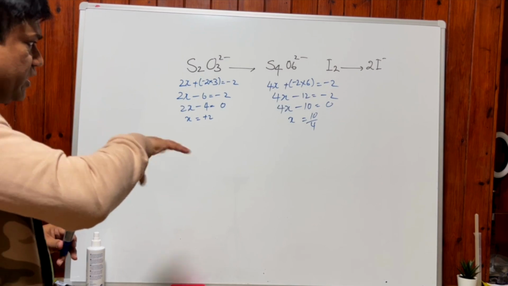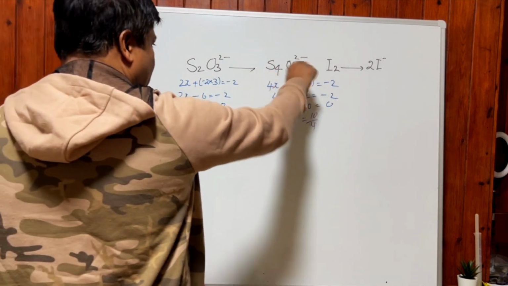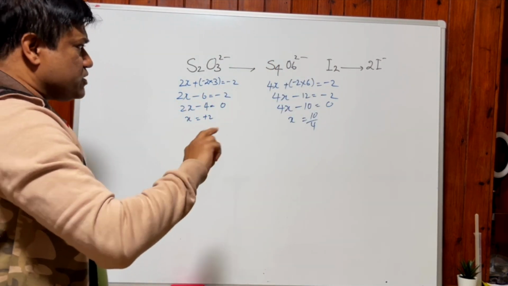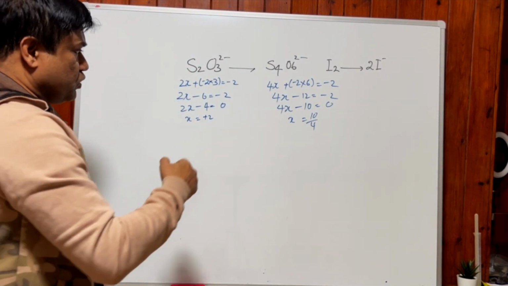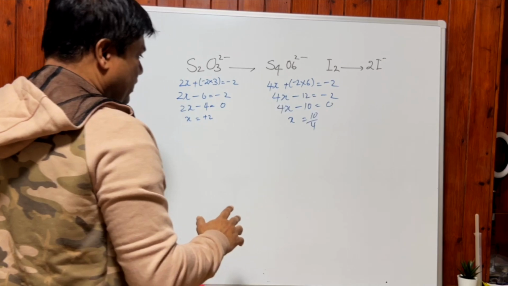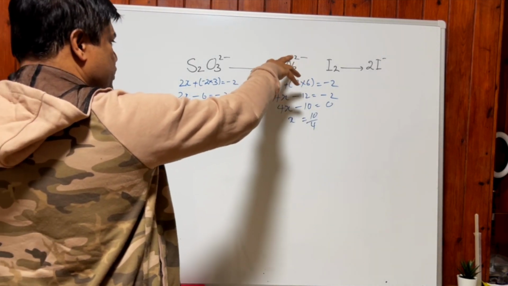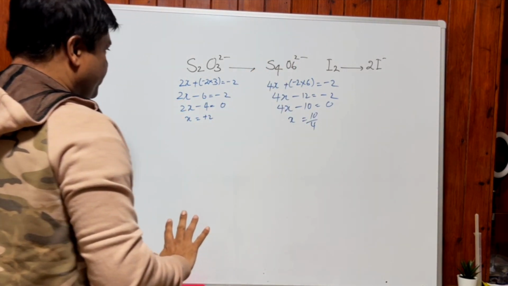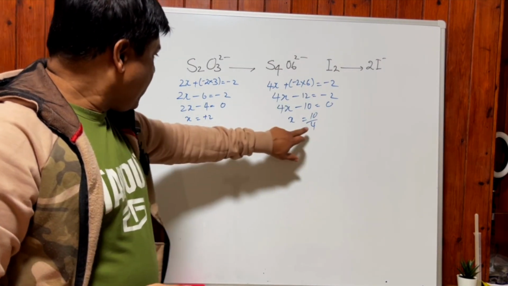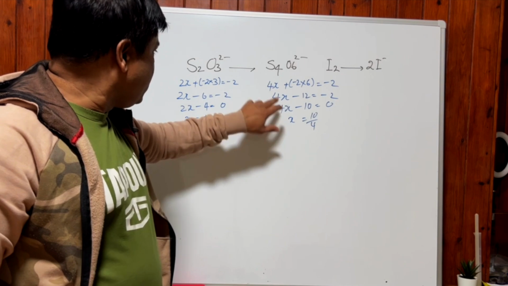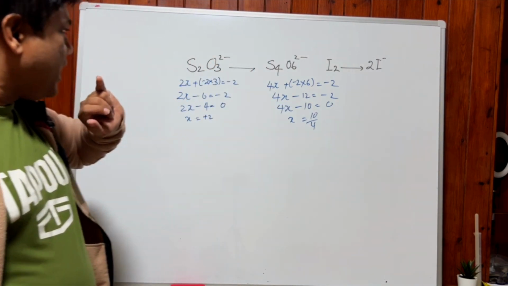When you take the average, because we have 4 sulfur in that, 2 of them have 0. So we actually have to take 2, which is 5 actually. But when you take the average, it's 2.5. Anyway, the oxidation number increases, meaning sulfur gets oxidized.